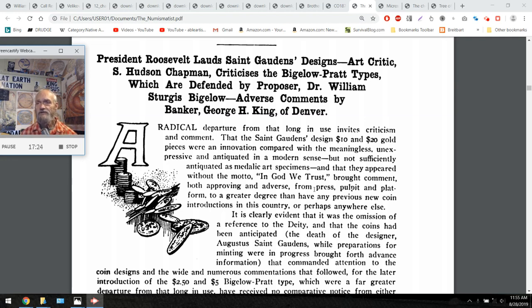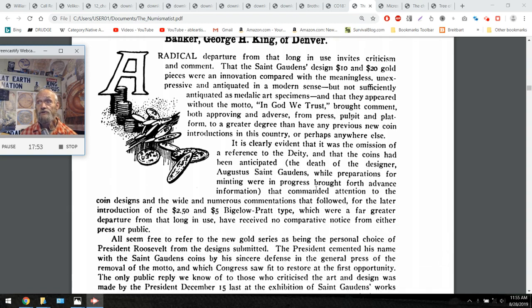So they didn't have it as a law that it had to be there, but they were putting it on before, and now it's gone. It's clearly evident that this was the omission of a reference to the deity, and the coins had been anticipated. The death of the designer, Augustus St. Gaudens, while preparations for minting were in progress, brought forth advanced information that commanded attention to the coin designers and the numerous commentaries that followed.